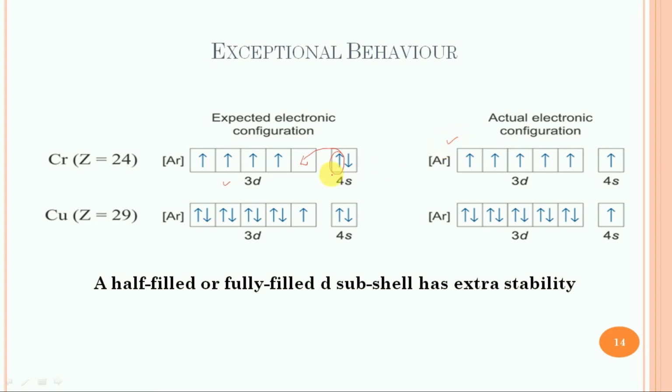Similarly, in the case of copper, the expected electronic configuration is this one, but in actual practice one electron from 4s is shifted to the 3d orbital, so it acquires 3d10, which is completely filled, giving extra stability. The actual electronic configuration of copper is this one.